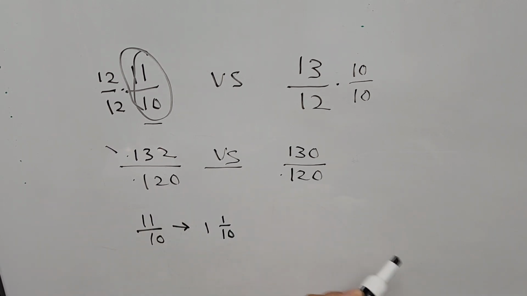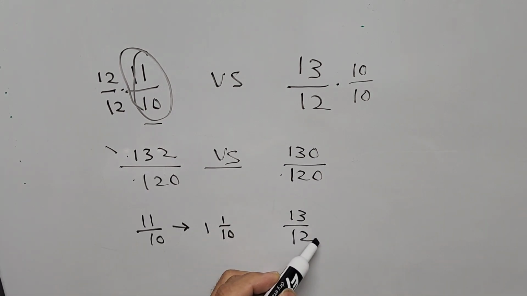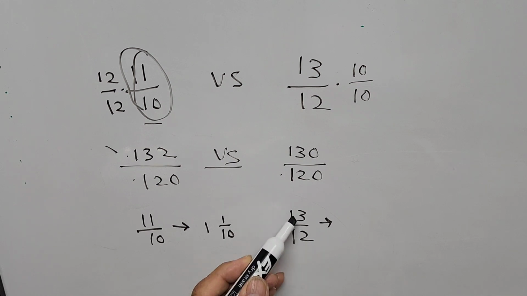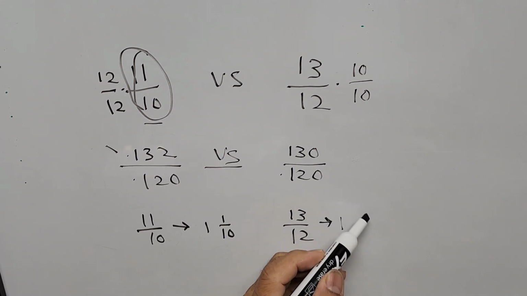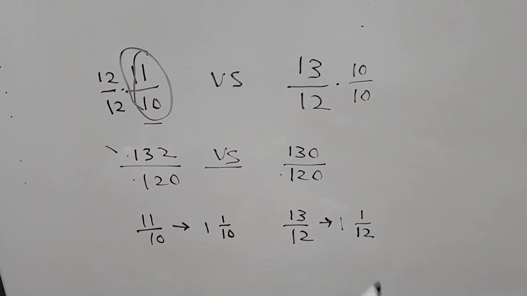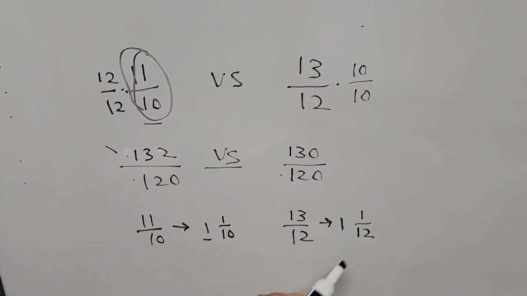And the other one, 13 over 12: if we divide 13 by 12, we have one whole number, and the fractional part will be 1 over 12. So from here, these both have the same whole number, and the fractional parts are 1/10 and 1/12.